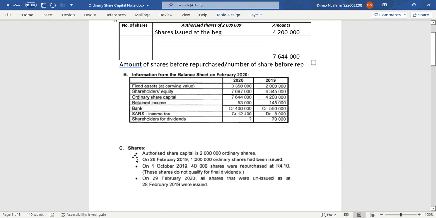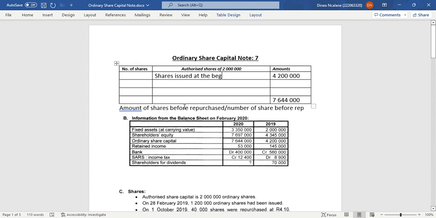Bullet number 1, we have an authorized share capital of 2 million ordinary shares, meaning the business is allowed to sell 2 million shares to the public. On 28th February 2019, 1,200,000 shares had been issued to the public, meaning these are the shares that were issued at the beginning of the current financial year.